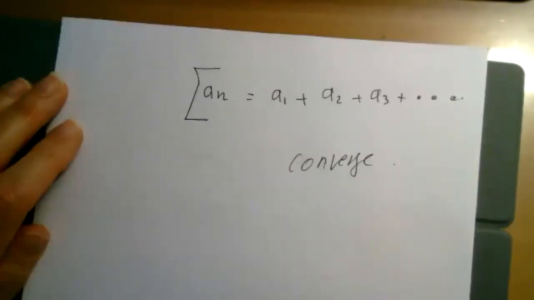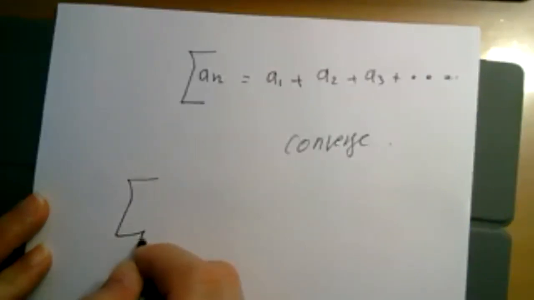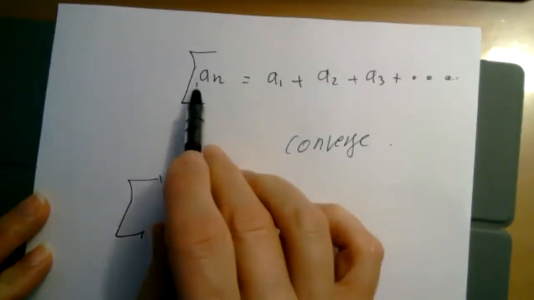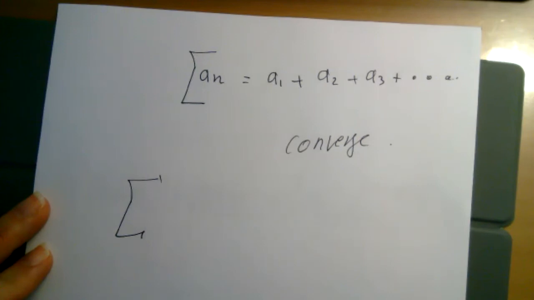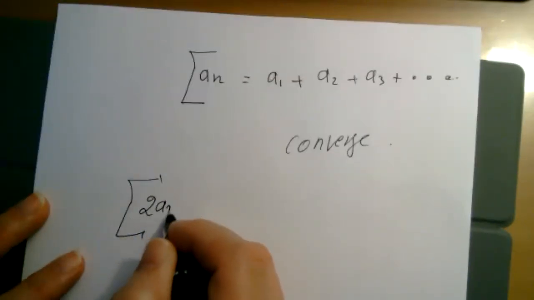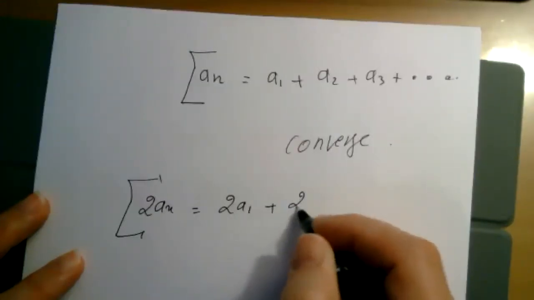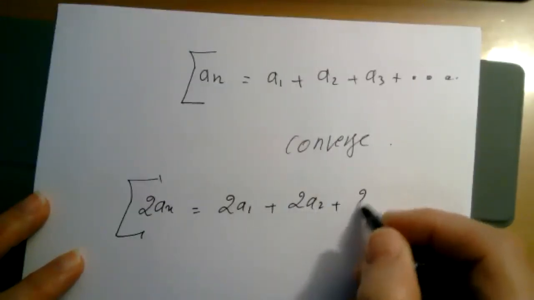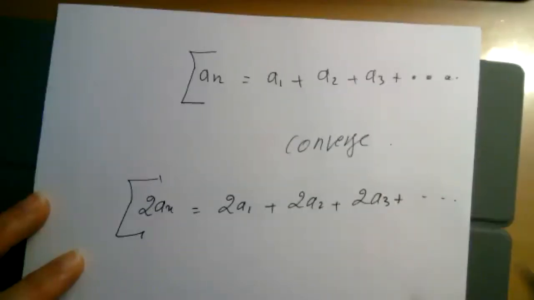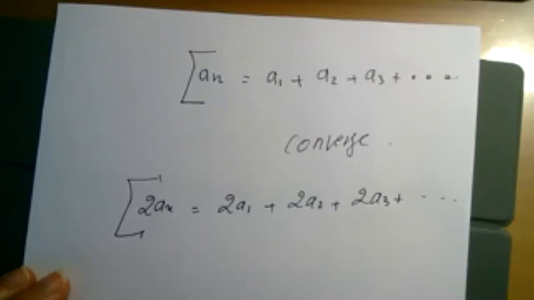I'm giving you that. And suppose now I take another series by multiplying each term by a constant. Suppose I take the following series, 2 times An. It means 2a1 plus 2a2 plus 2a3 plus dot dot dot. So it's the same, but I multiply every term by a constant.